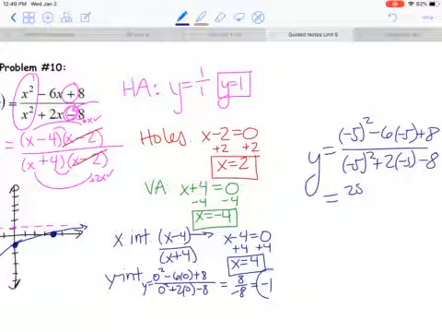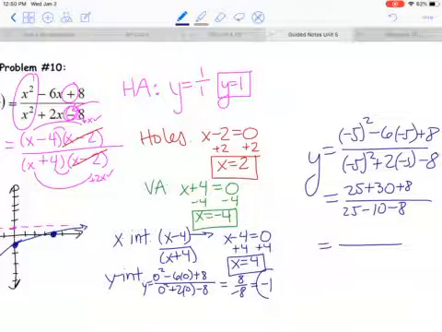So we get 25 plus 30 plus 8 over 25 minus 10 minus 8. So that gives us 47 over 7, which is approximately, if you do the decimal of this, you get about 6 point something.